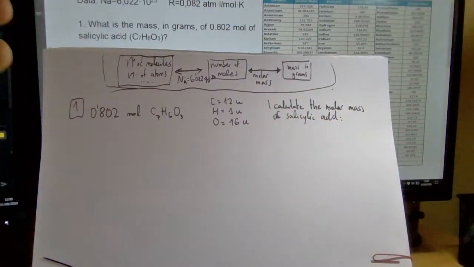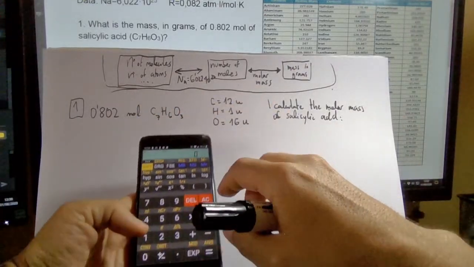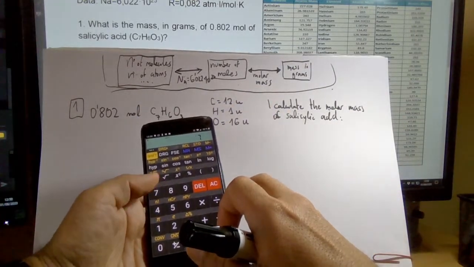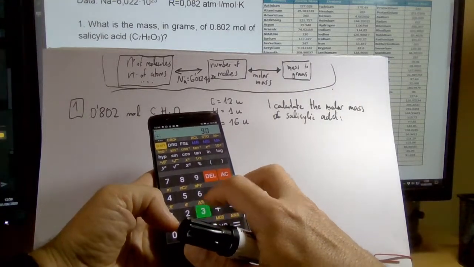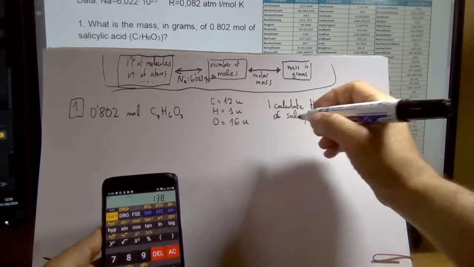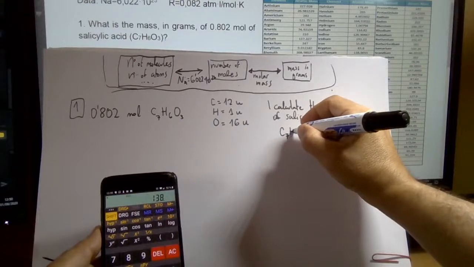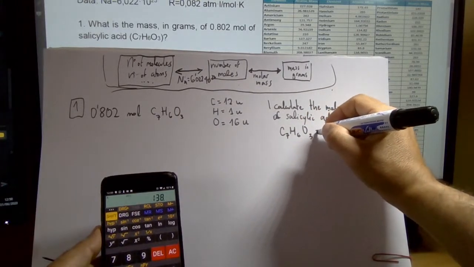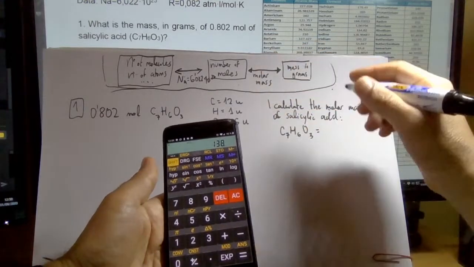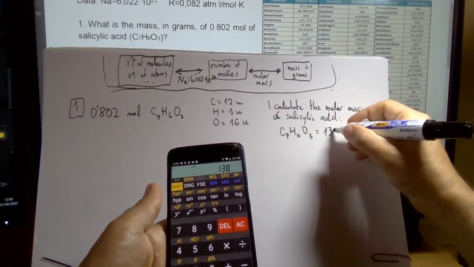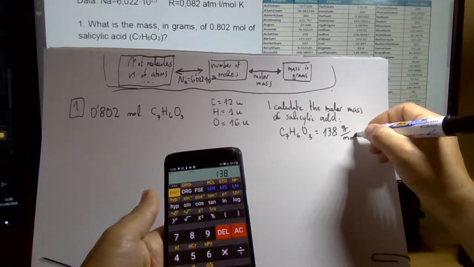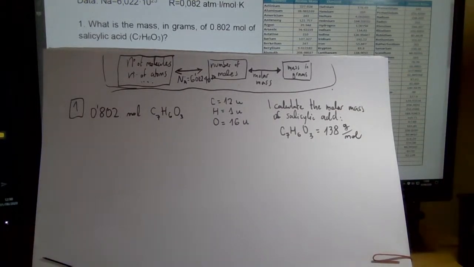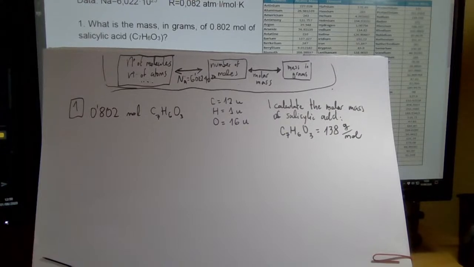Let's try to calculate, okay? 12 times 7 plus 6 times 1 plus 3 times 16 is 138 grams per mole. So now I'm ready to calculate the mass in grams of this mole.